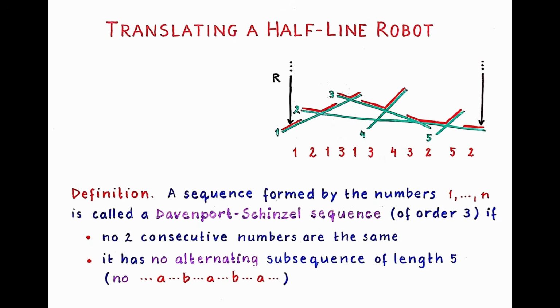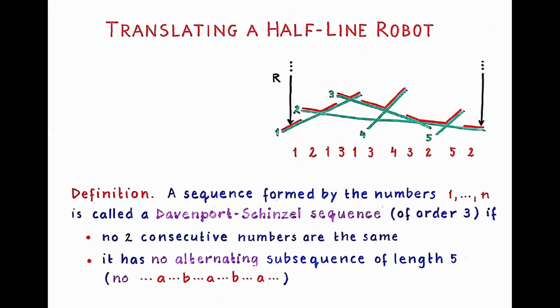So what happens, for instance, if instead of this triangular or polygonal robot, a robot is just one sort of half line, one stick, which is infinite upwards, and the obstacles are n segments, and we want to know how we can move such a stick around if we are not allowed to tilt it.